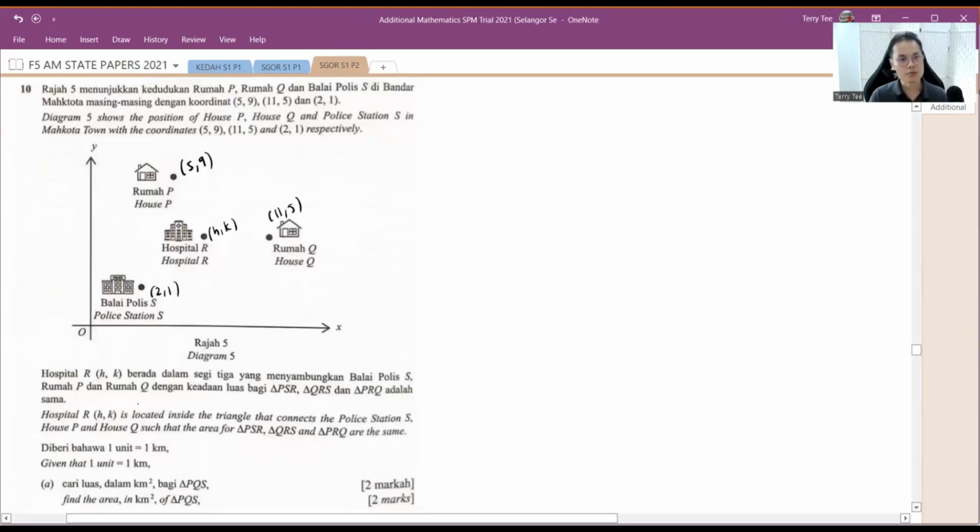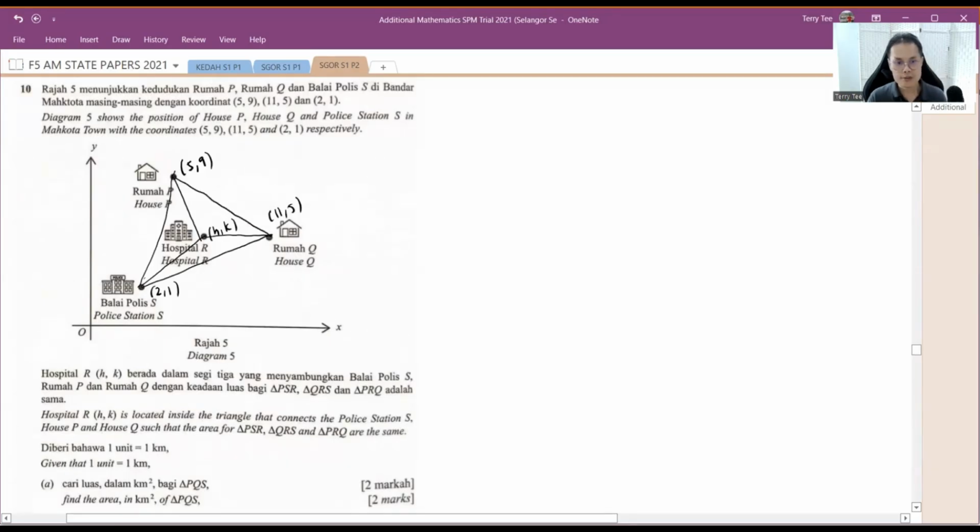Okay, so hospital RHK is located inside a triangle that connects police station, house P, house Q, such that the area of all three, PSR, which looks like this, is your PSR. Okay, and next one, QRS, and third one, PRQ.